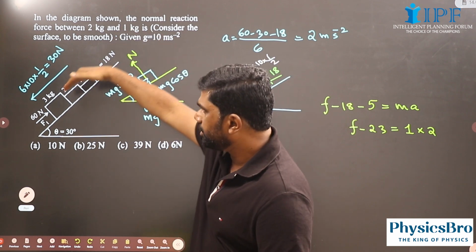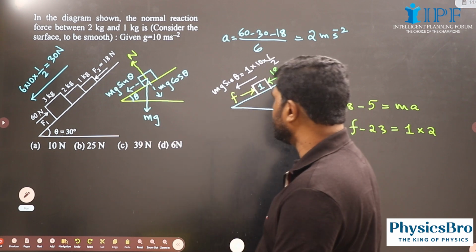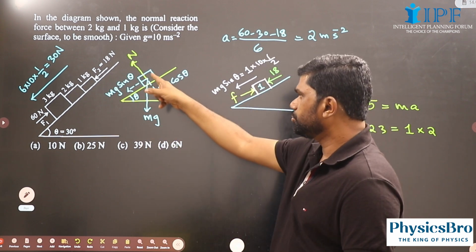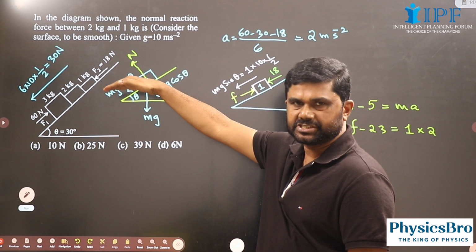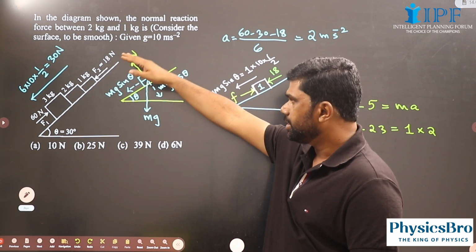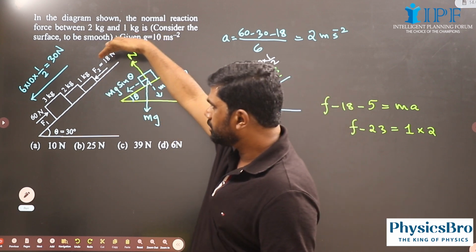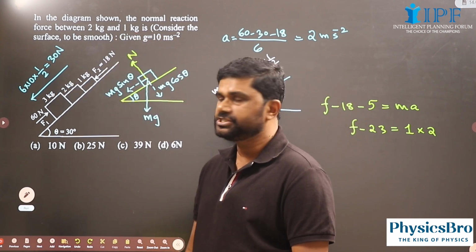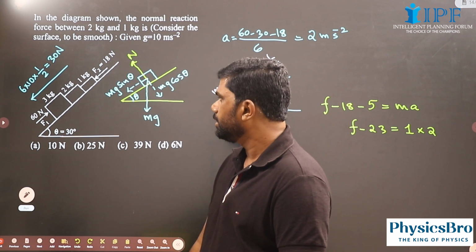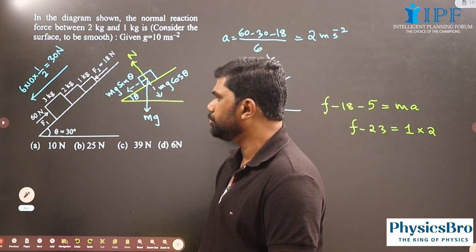So the component along this direction will be mg sin theta. Here we have mg, so this will be mg cos theta and this will be mg sin theta. Normal reaction will be acting like this. So here we have a total of 6 kilogram, so the component along this direction will be mg sin 30. So 6 into g is 10, sin 30 is half, so it will be 30 Newton.